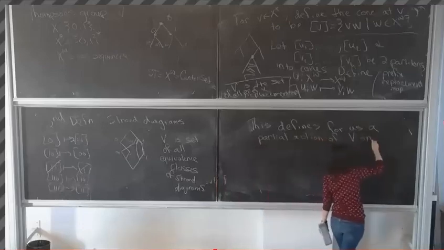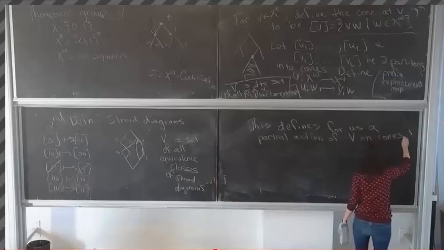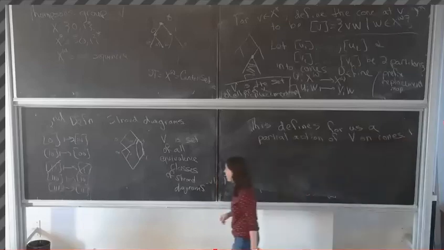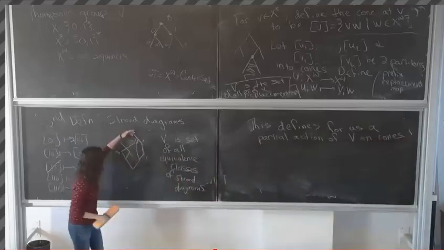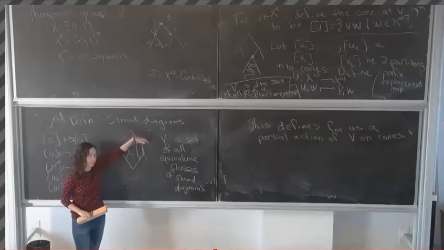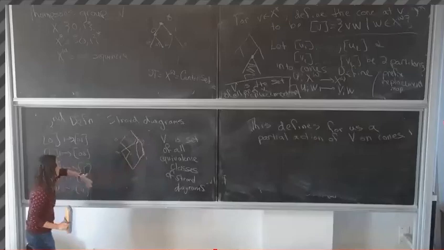For instance, any cone that's on the interior of the tree here might not have a well-defined image, and so this is why we're only getting a partial action.